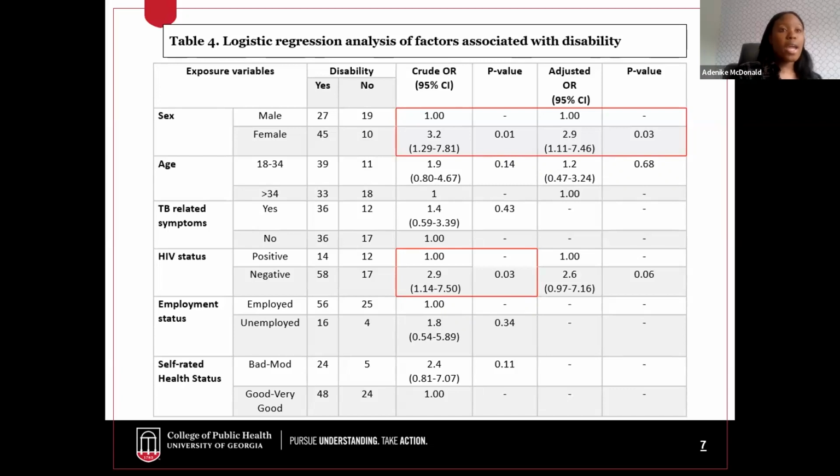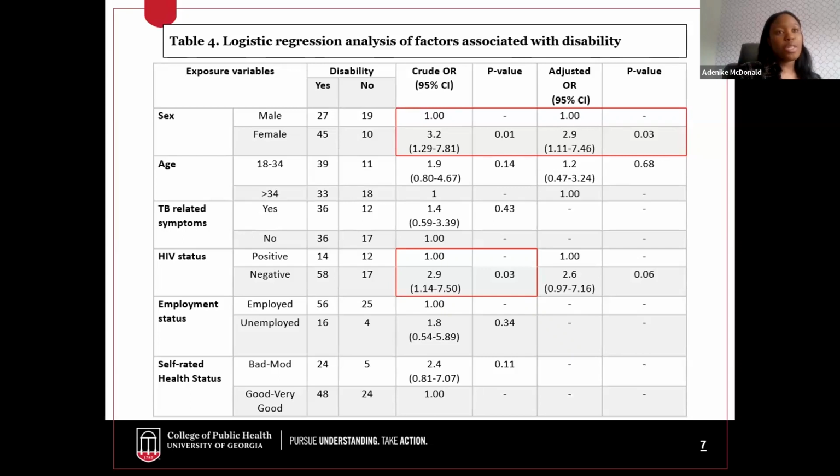And this was not surprising, as it tracks with current studies that show that even though males are more likely to acquire TB, females are more likely to, 1, have adverse events during treatment, but also to have worse off outcomes. And for our HIV status, we see where being HIV positive seemed to be protective, where HIV negative individuals were 2.9 times more likely to report a disability.